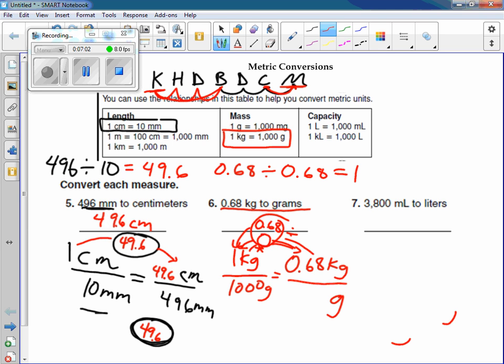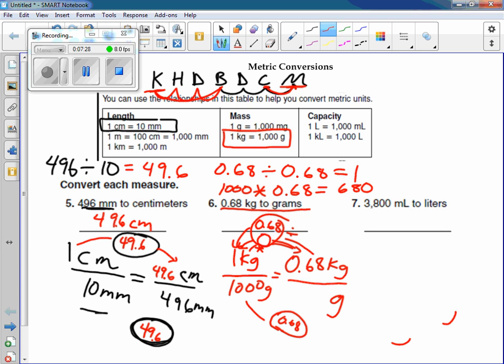So let's do the same thing. Let's take 1,000 and multiply it by 0.68. So my answer in grams will be 1,000 times 68 hundredths. So 1,000, and we multiply it by 68 hundredths, we will get 680.